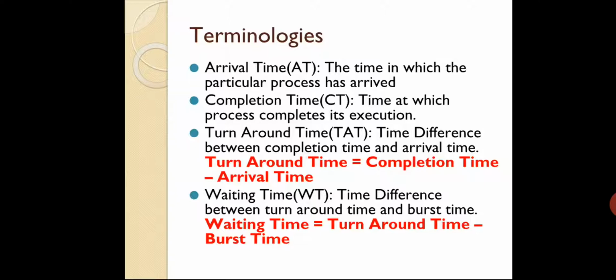Okay, arrival time is nothing but the time at which the process has arrived. Completion time is nothing but the time at which the process completes its execution. It may be any work of that particular process. Overall execution is calculated using the completion time. Next, turnaround time. The time difference between completion time and arrival time. That is nothing but that gap. At what time you have arrived at the bank, and at what time you completed execution.